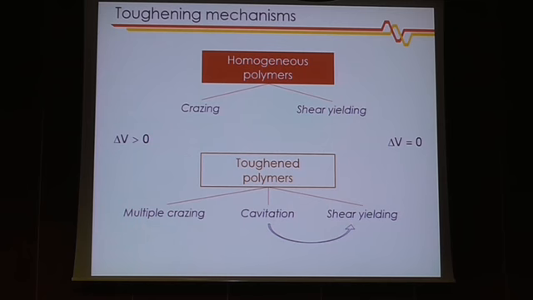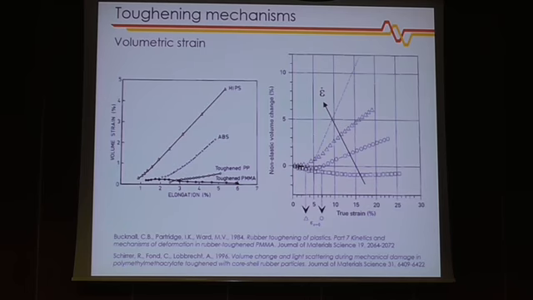And since these different mechanisms are related to different changes in volume, it is possible to study this mechanism, and actually it was done in several works present in literature, to investigate this mechanism by studying the volumetric strain.